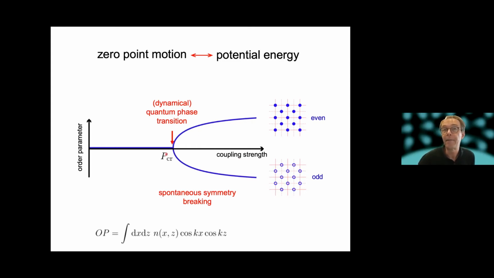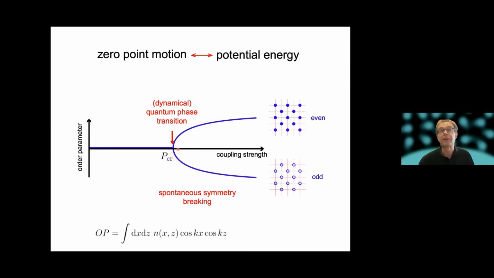And the phase transition happens because at first, below the threshold, the system minimizes its energy by delocalizing. So it has zero momentum and delocalizes.